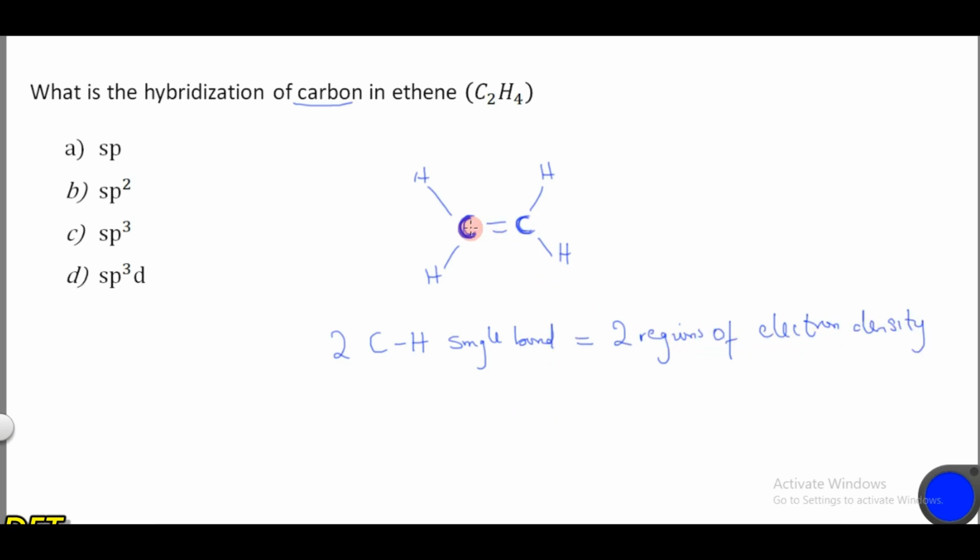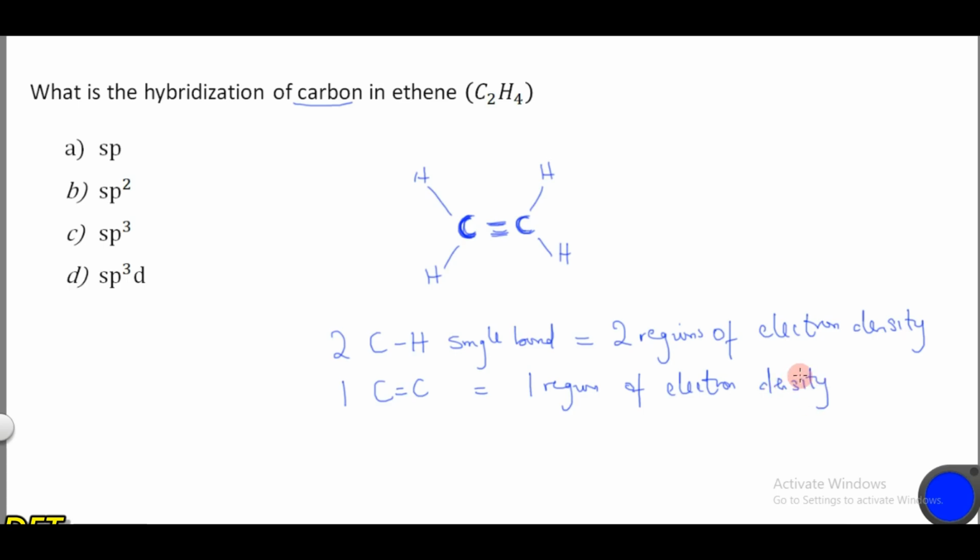And then we have one carbon to carbon double bond, or pi bond, in this structure. That is equivalent to one region of electron density.